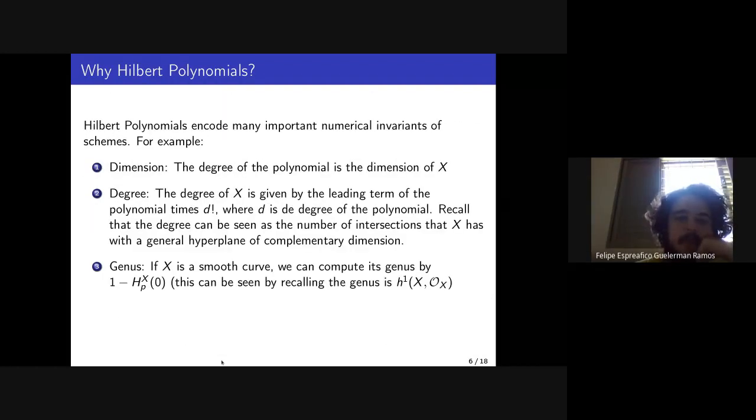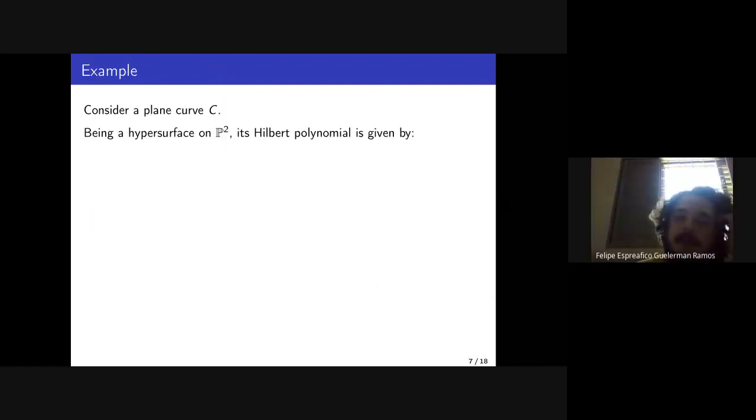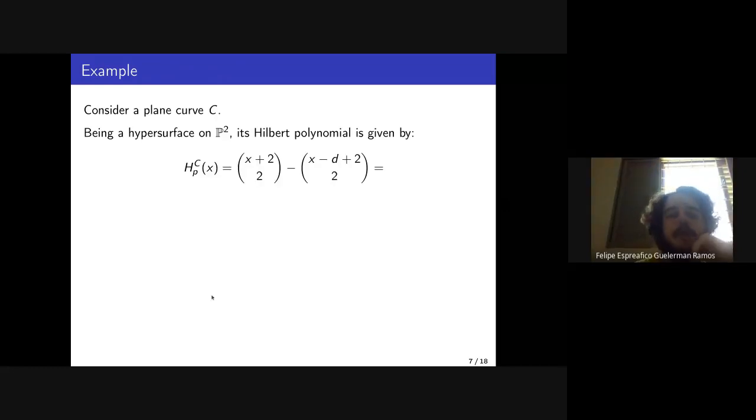So as an example, if we consider a plane curve, the Hilbert polynomial will be given by binomial(x+2, 2) minus binomial(x-d+2, 2). This is because for any hypersurface, the Hilbert function will be given by this difference: the dimension of the space for the component we are considering minus the dimension of the space for the component shifted by minus d.